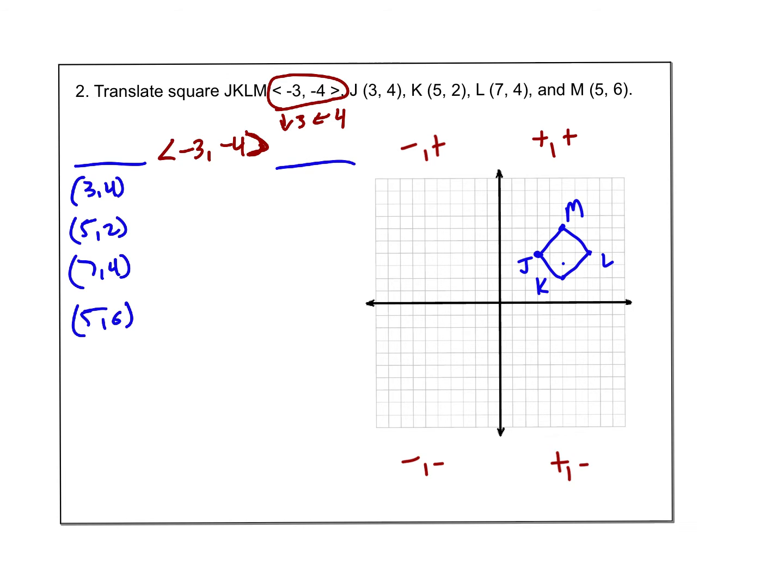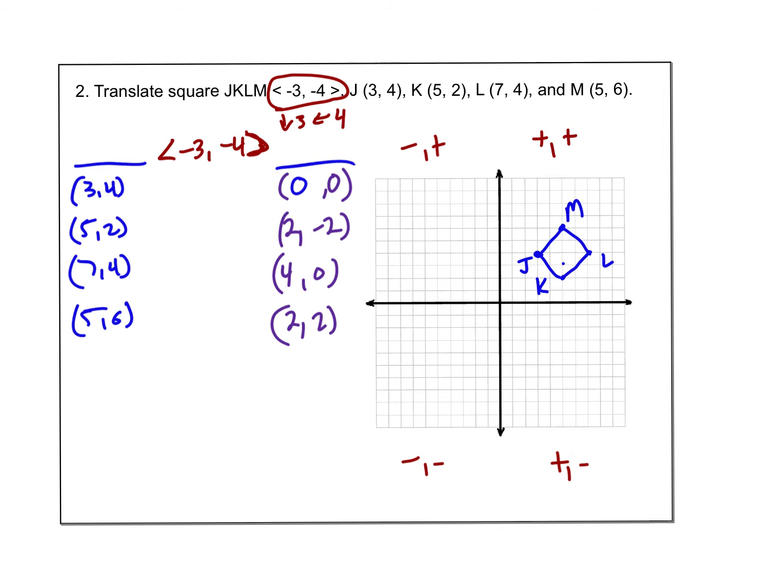So my new points will look like this. 3 minus 3 should be 0, and 4 minus 4 should also be 0. So that should be 2, negative 2. This is going to be 4, 0. My last step will be 2, 2.